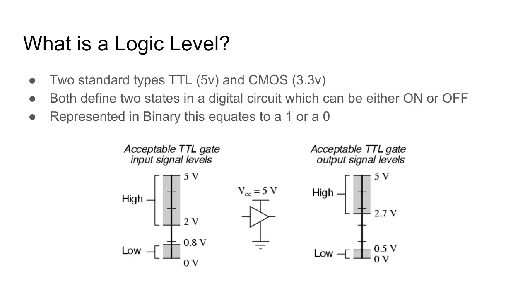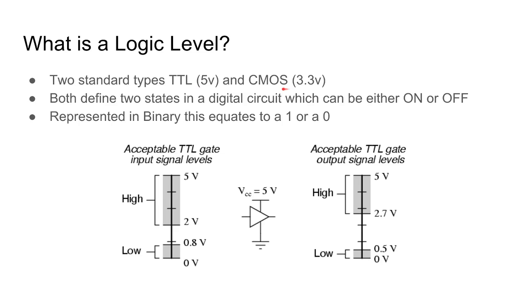So let me go into a little bit about what a logic level is. You find two standard types of logic levels, one being TTL, which is short for transistor-to-transistor logic, and you usually find those in 5-volt circuits.